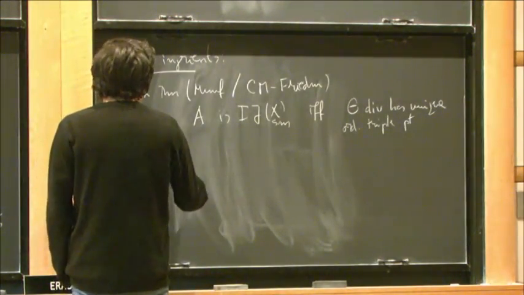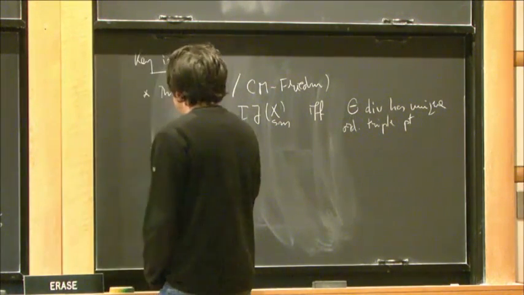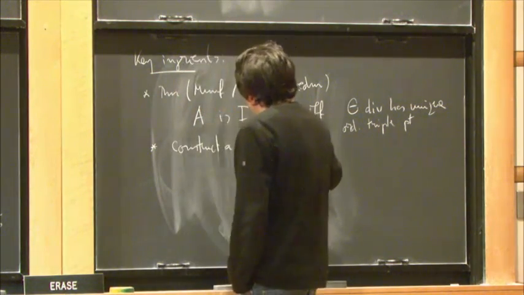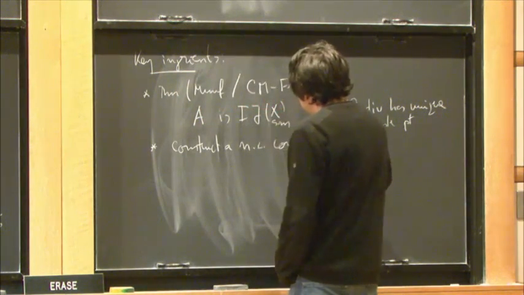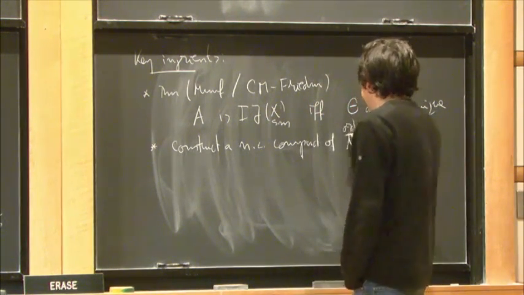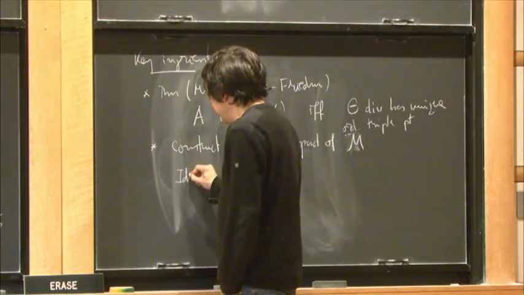And the second, so this is one key ingredient, and the second is basically we construct a normal crossing compactification M bar of the moduli of cubics. And the idea here is very nice.